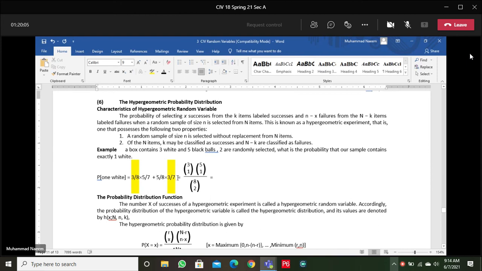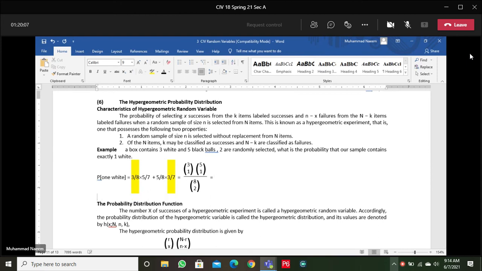So when we need both white, what is the answer? The answer is 3 by 8 multiplied by 2 by 7. Within the same category we are drawing the second one, that's why favorable cases as well as total possible cases are reduced. Or otherwise use the combination method: favorable cases divided by total possible cases.